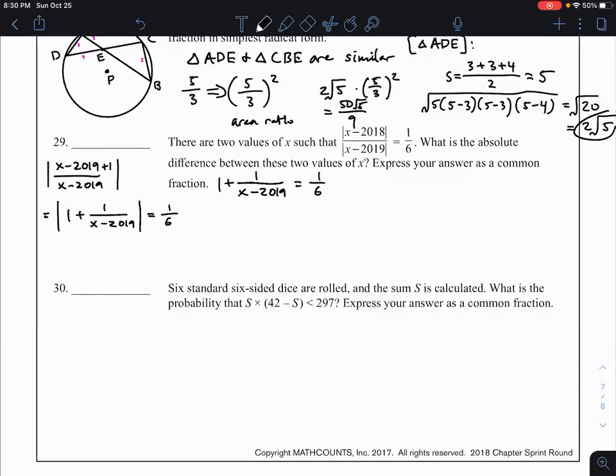We're gonna subtract 1 from both sides to get this, and then we're gonna flip these fractions around to get x minus 2019 is equal to negative 6 over 5.